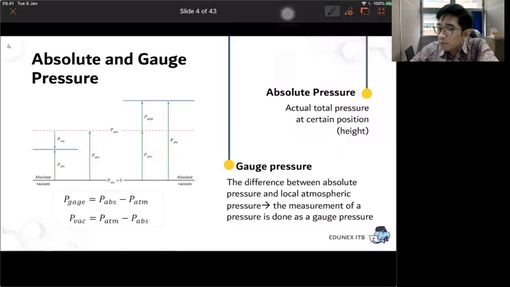Suppose you are in a certain location, and then you have a cylinder system. Ya, jadi Anda berada pada ketinggian tertentu, Anda punya sebuah silinder. The system is the cylinder, and the cylinder is open. So the gas inside the cylinder, for example the air, is connected to the air outside the cylinder.